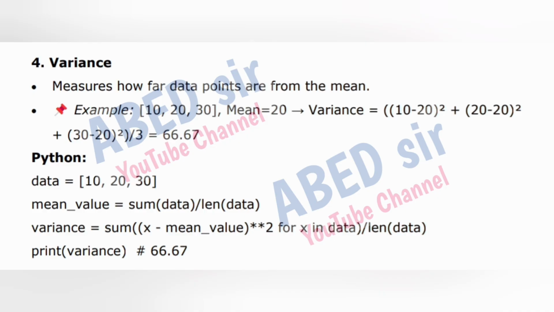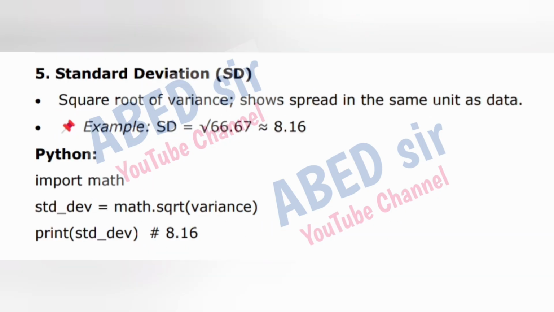Python. data = [10, 20, 30]. mean_value = sum(data) / len(data). variance = sum((x - mean_value) ** 2 for x in data) / len(data). print(variance) # 66.67.